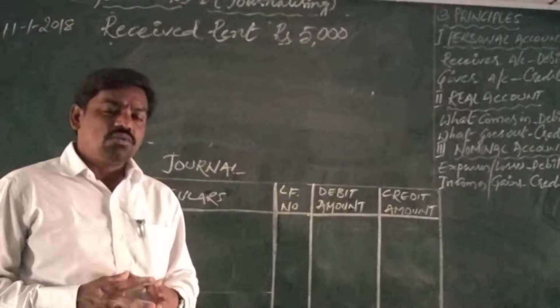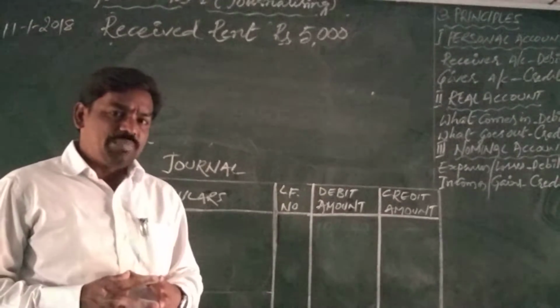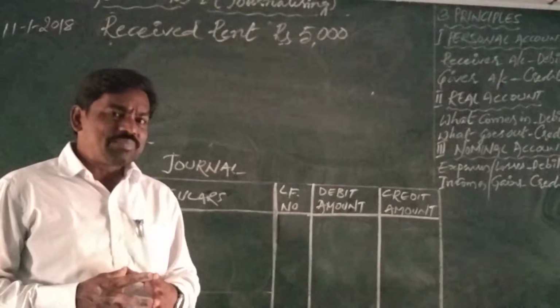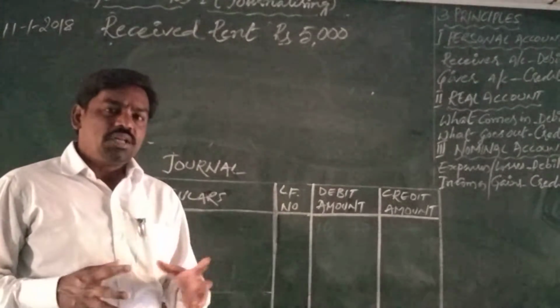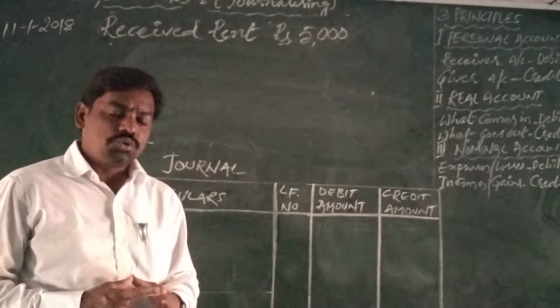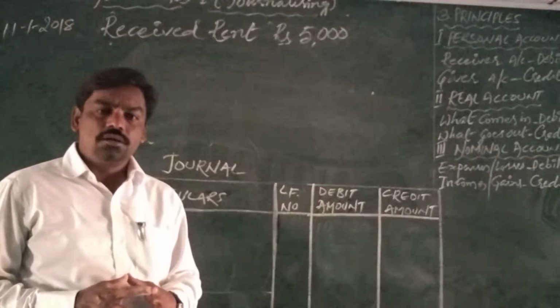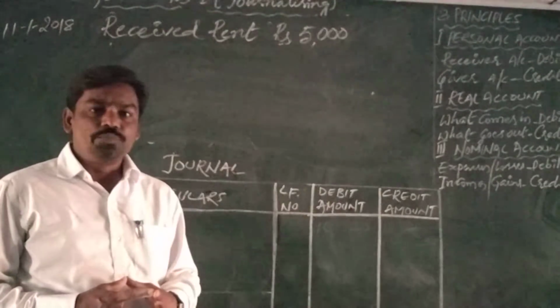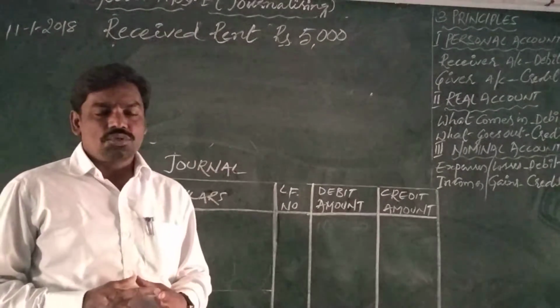Real account principle: debit what comes in, credit what goes out. Nominal account principle: expenses, losses, costs should be debited; incomes, profits and gains should be credited. So these are the principles of three accounts.